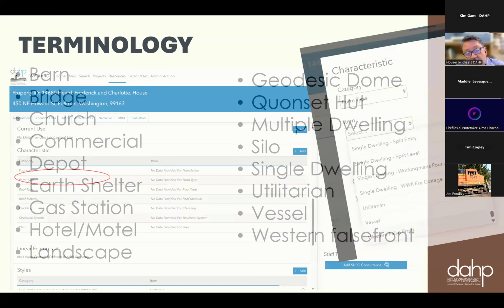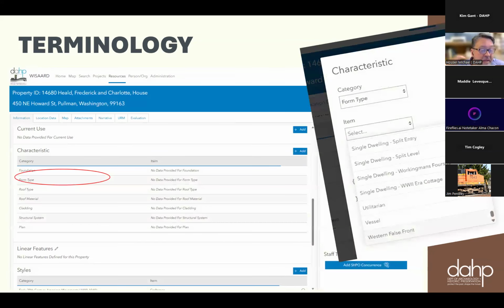So when you're in Wizard and you're picking from the pick list, which is under form type, the idea is that if you don't know what the subtype is, you would just pick the overall one. So single dwelling, domestic, and then if you know the subtype, you can pick the subtype. And ideally, in a search mechanism, if you picked commercial, you would get all the commercial related typologies to come up at once.